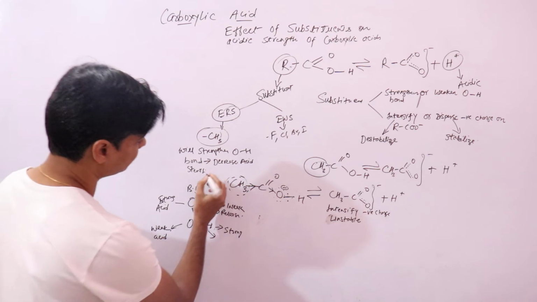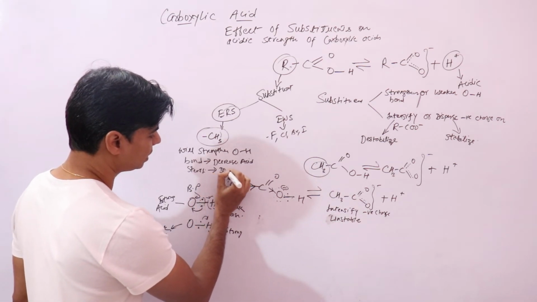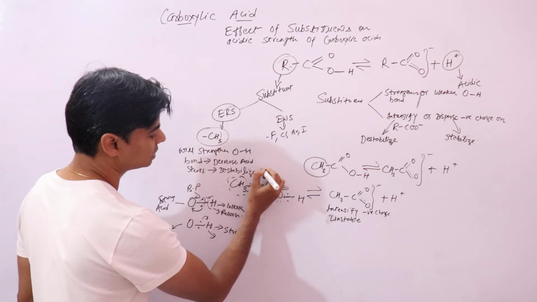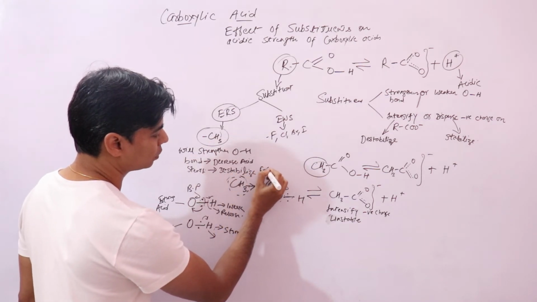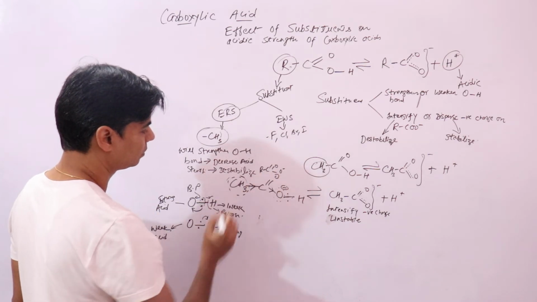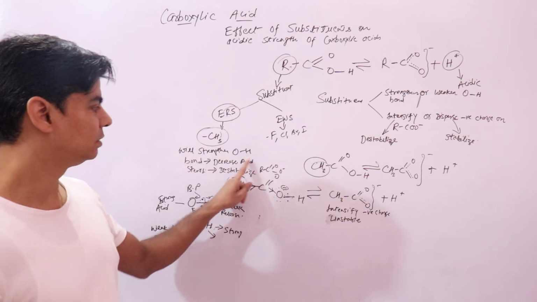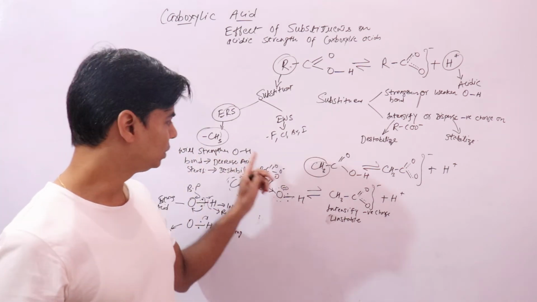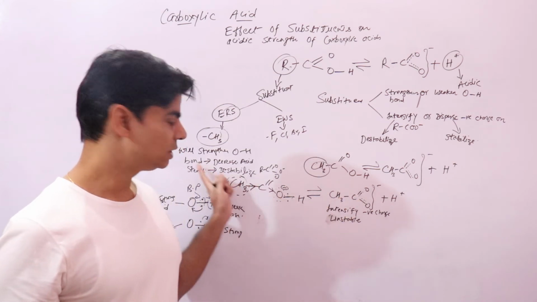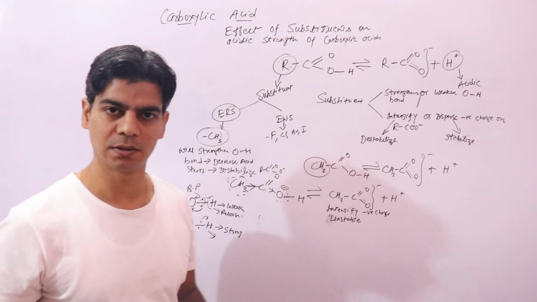It will decrease the acid strength, and two things it will do: it will destabilize your carboxylate ion, right? And the other thing is it will strengthen this bond. Due to these two things, this acid is a weaker acid, right? Due to these two things, we have fewer hydrogen ions. Fewer hydrogen ions means the acid is a weaker acid, right?